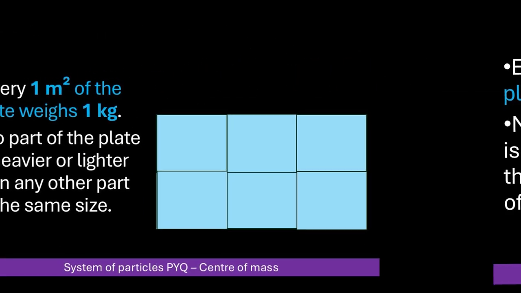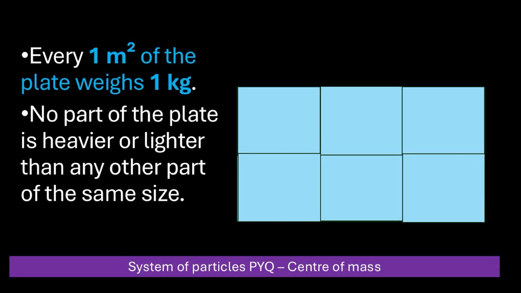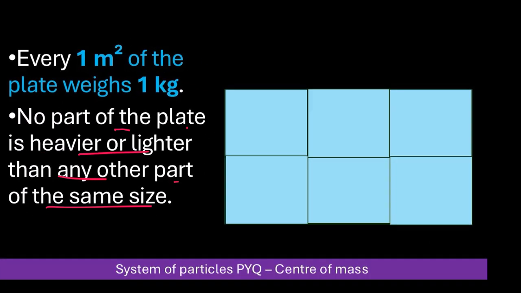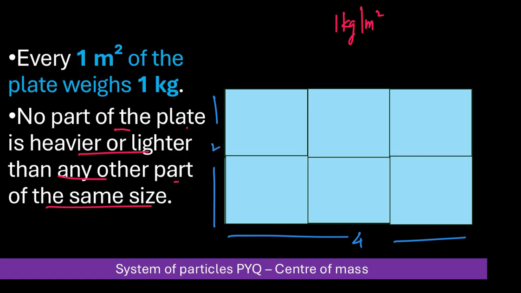Okay, now if you understood this part, which is no part of the plate is heavier or lighter than any other part of the same size, try to think, is this figure combination correct, or is it possible to say that this figure represents a mass density of 1 kilogram per meter square when the rectangle is of 4 by 2 size?